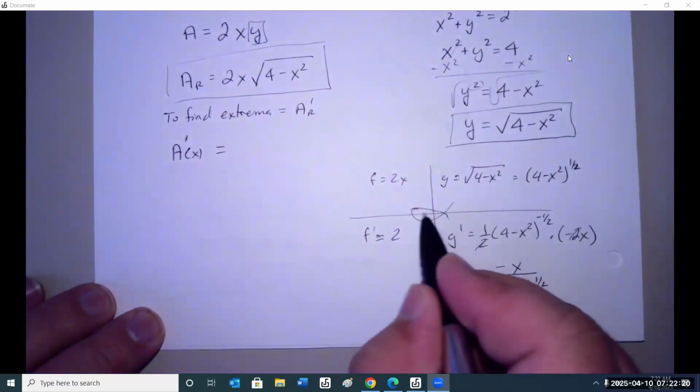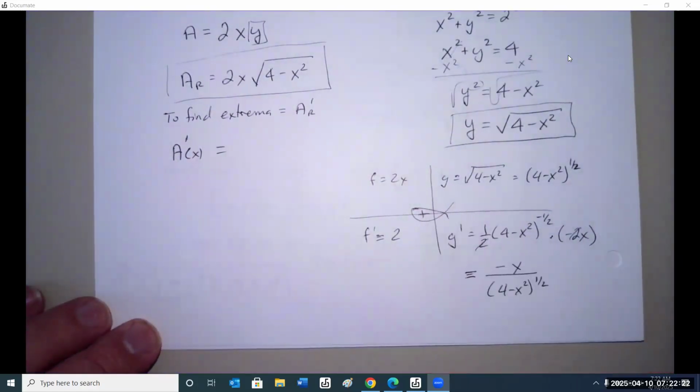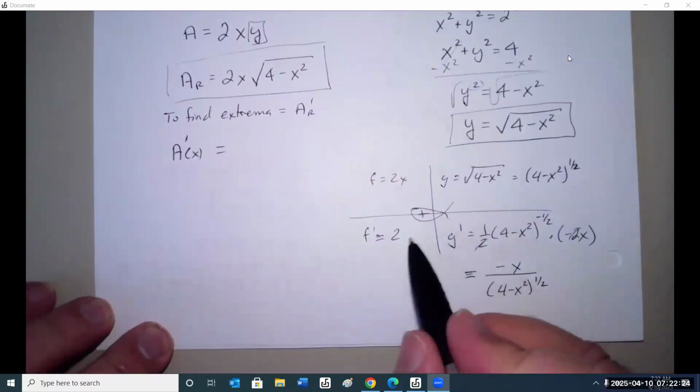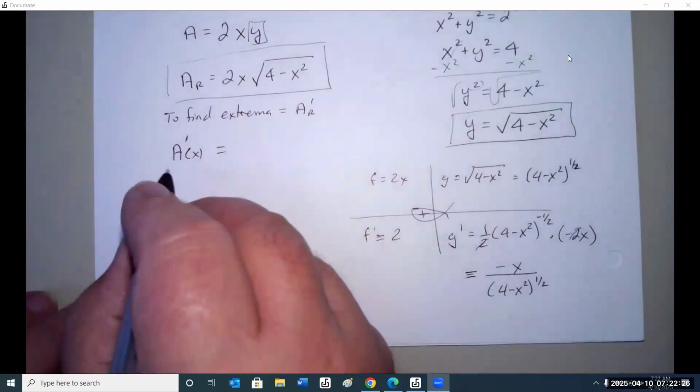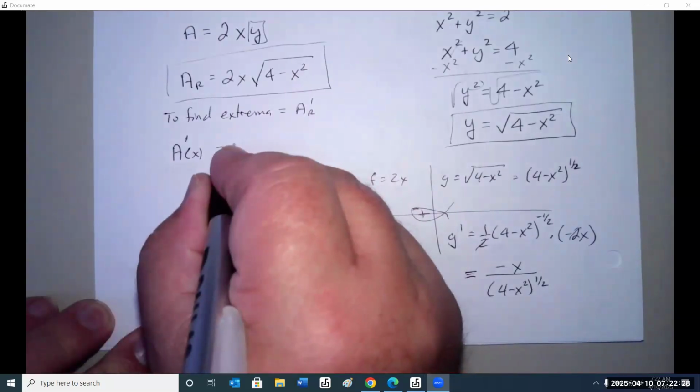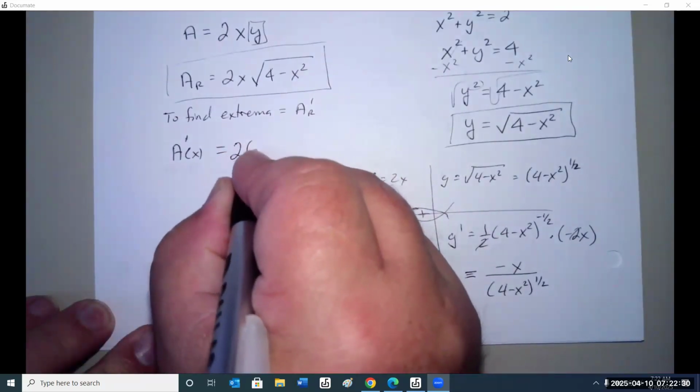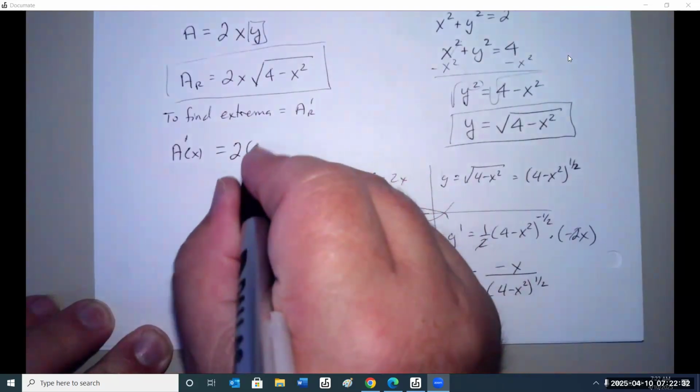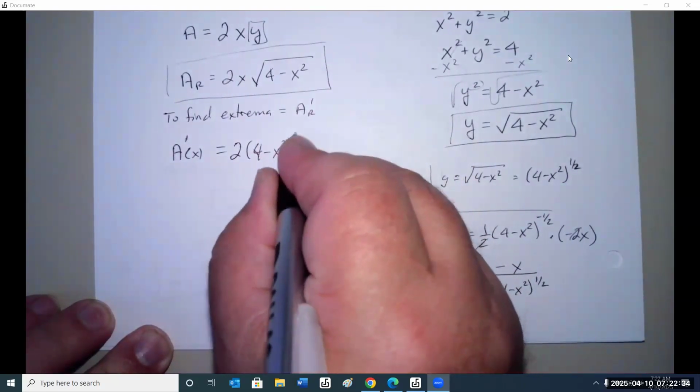And we use plus since it's a product. So it's going to be 2 times 4 minus x squared to the power 1/2.